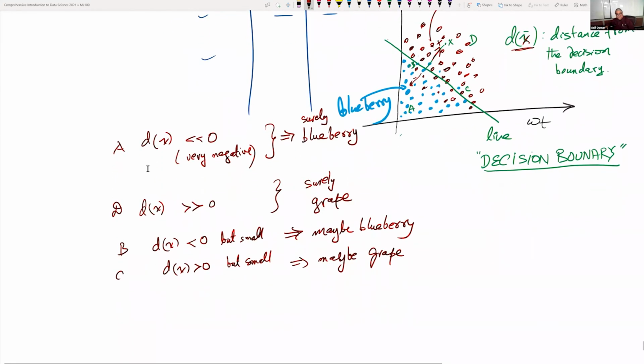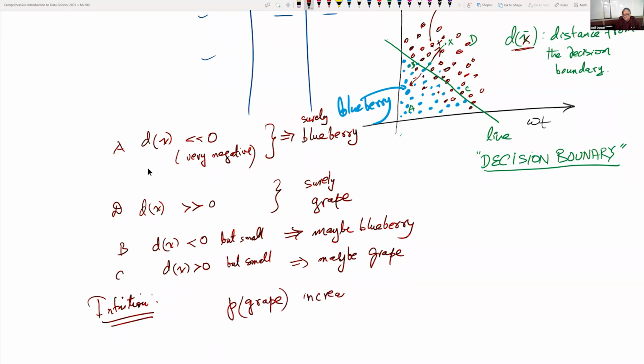What does the intuition say? That somehow the probability of a grape, let's take this as a positive case, increases with d of x.